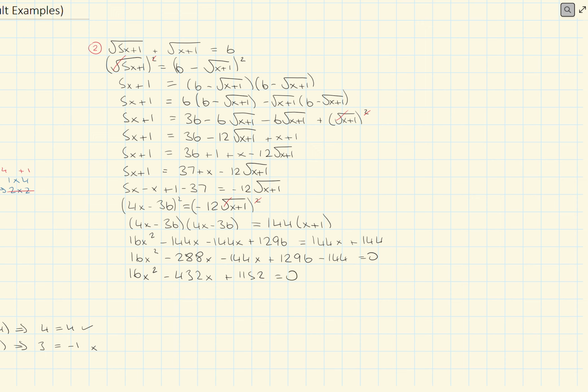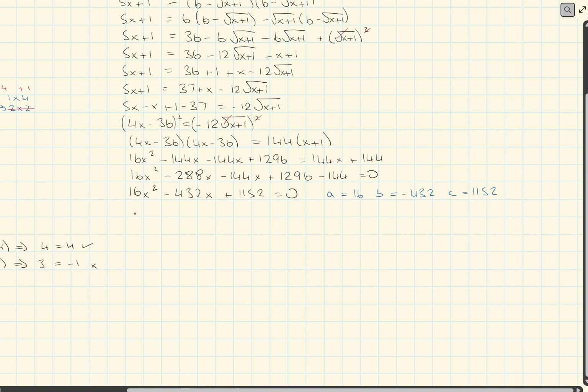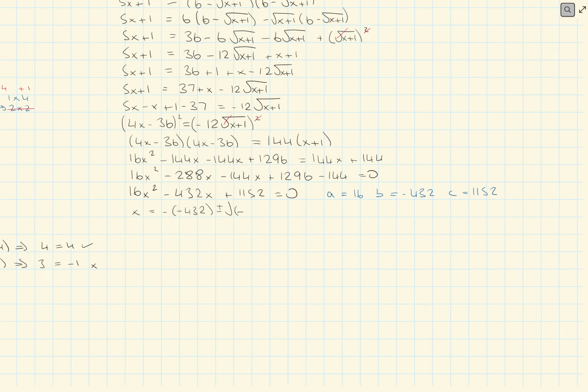Okay, so for this one here, we go straight into the formula: minus b plus or minus the square root of b squared minus 4ac, all over 2a.